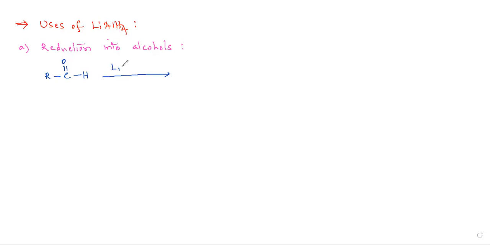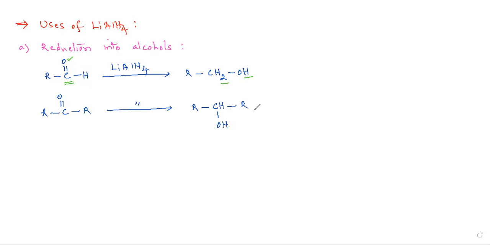See, aldehydes with lithium aluminum hydride are converted into alcohol. As seen in the mechanism, a hydrogen is attached to this and another to this. So that is how you got this extra H and finally the alcohol. Next, coming to the ketones, on reduction with lithium aluminum hydride, we get this kind of alcohol.